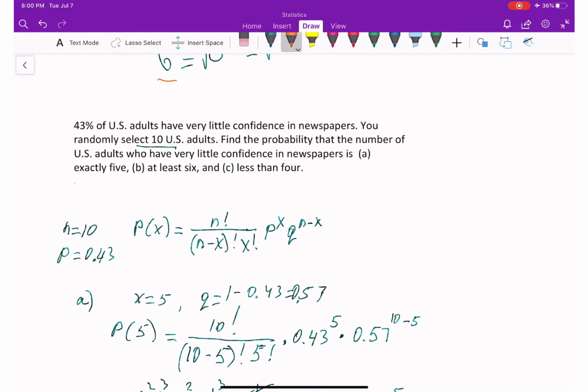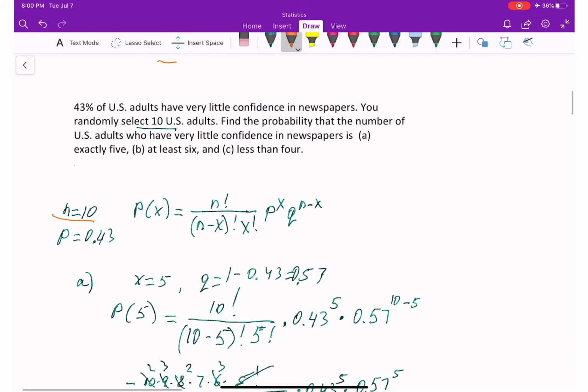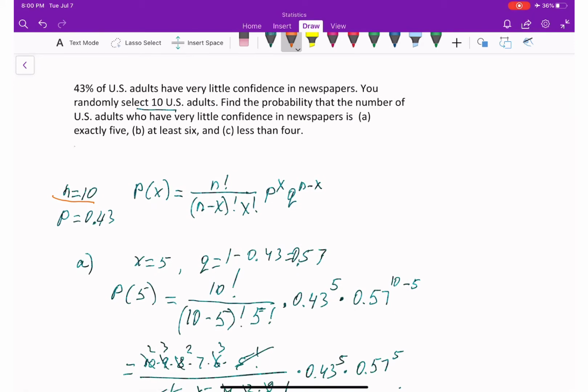That's already right here, it's our sample size, 10 adults. Find the probability that number of US adults who have very little confidence in newspaper is A, exactly 5. Here it is. X is equal 5, and then at least 6, and then, okay, B and C.